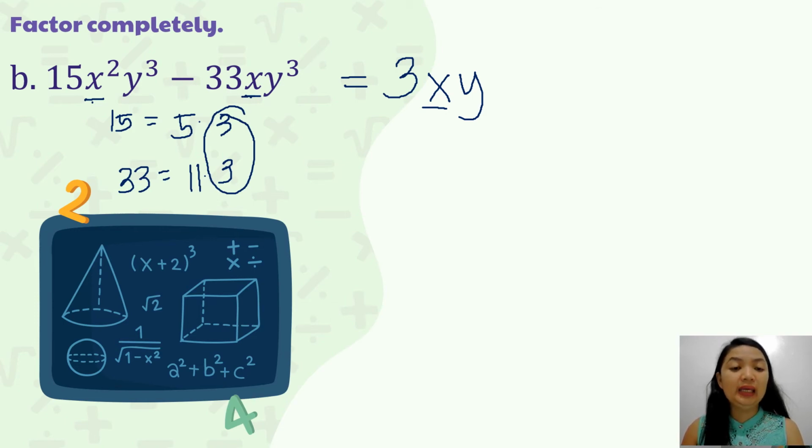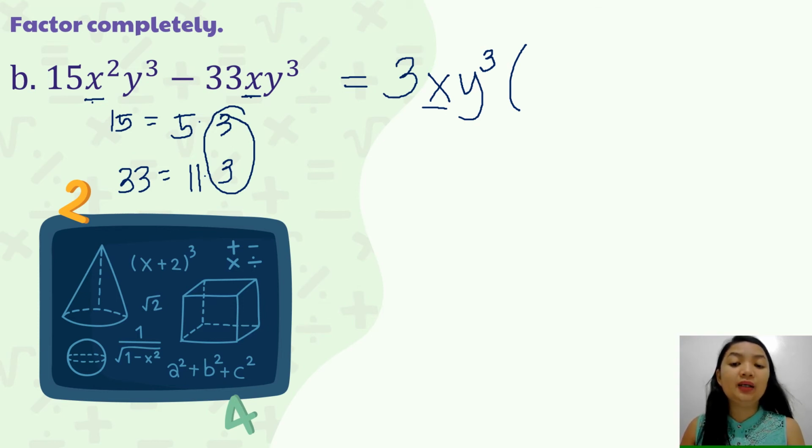While for y, they are both raised to the third power. So we write here y cubed. If one of them is just y raised to the second power, we only write y squared since that is the least exponent of y.